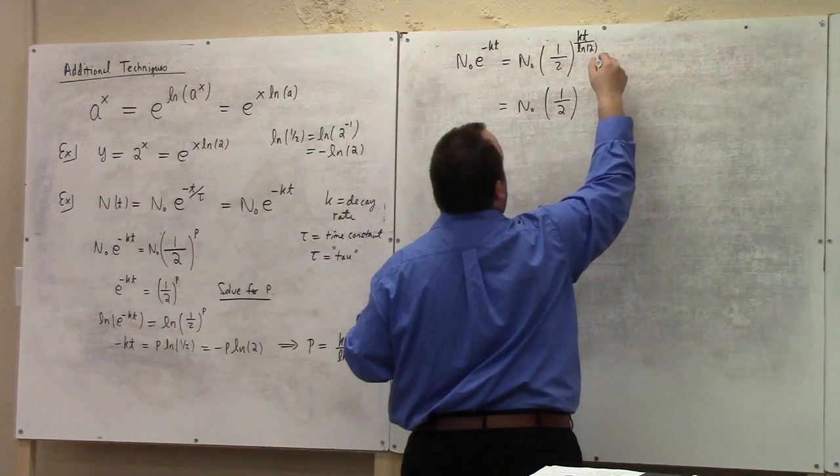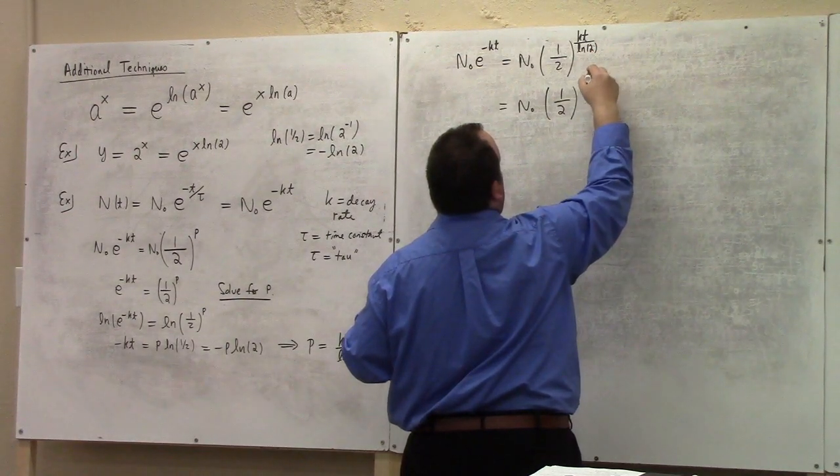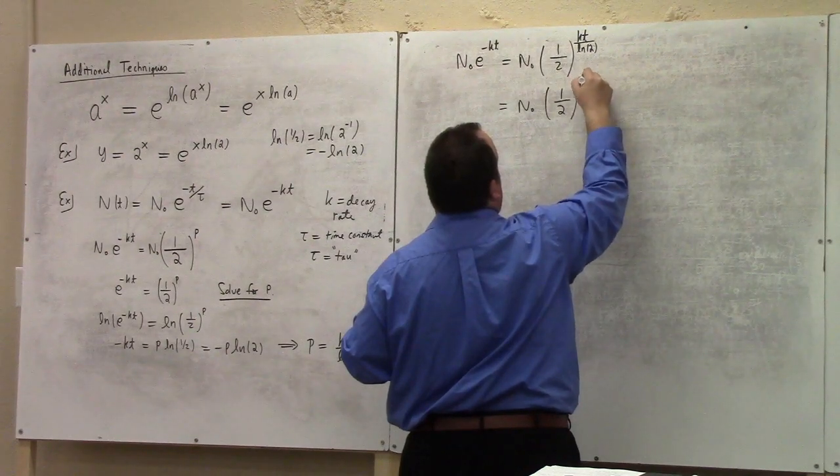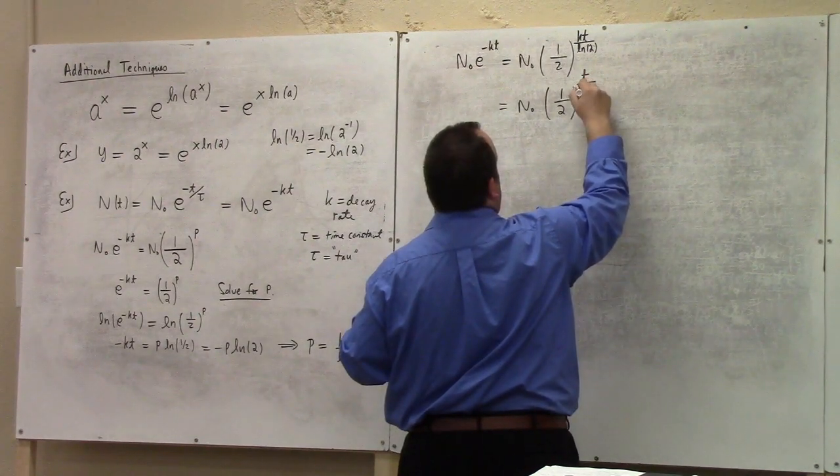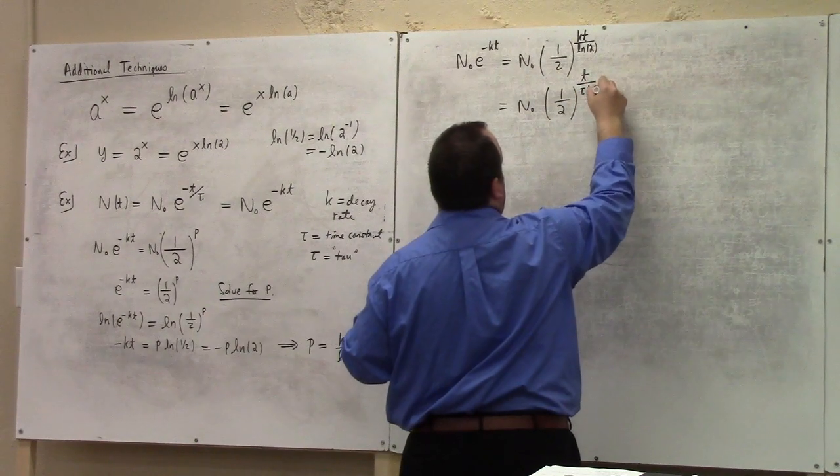So that's really t divided by tau times the natural log of 2.